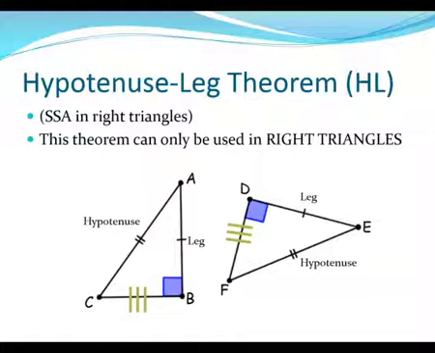Okay? So, if we look here, if I mark in this extra congruent side, because I know if I use the Pythagorean theorem, these two sides will be congruent if I have two legs and a hypotenuse that are congruent. Okay, so if we look here, let's look at the markings of this triangle to see other ways these two triangles are congruent. Well, they are congruent by side, side, side.